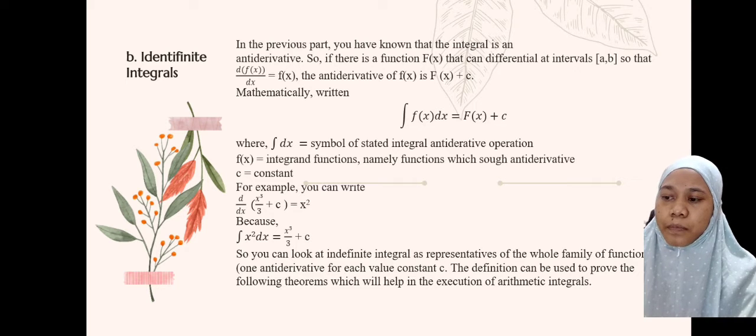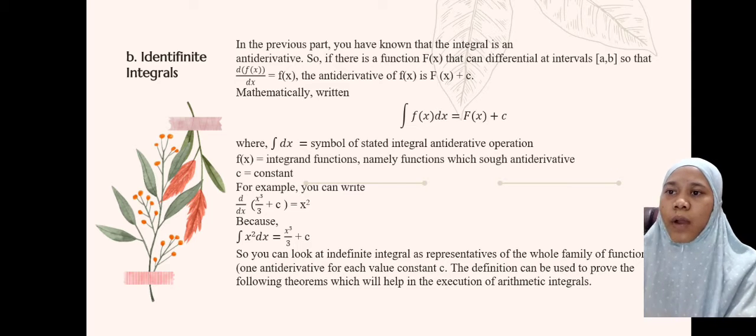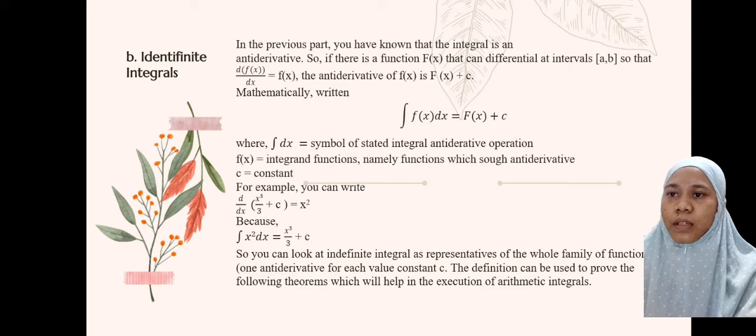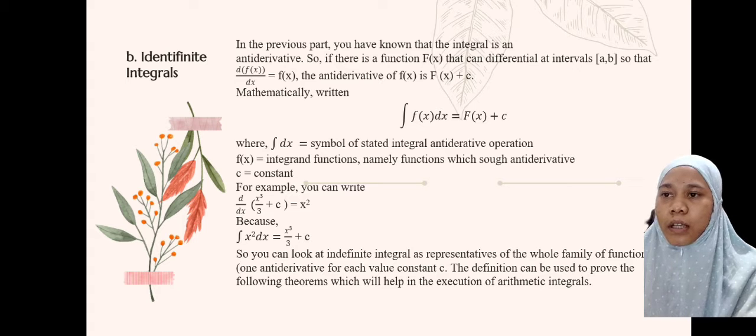Mathematically written, the integral antiderivative operation f(x) dx equals F(x) plus c, where the integral symbol is the integrate function, namely the function with such antiderivative, c is a constant.